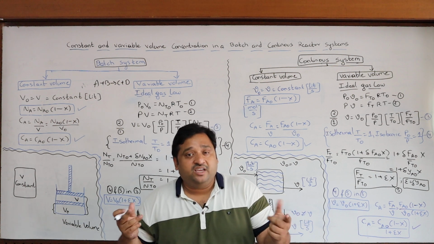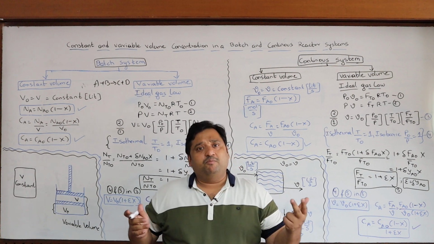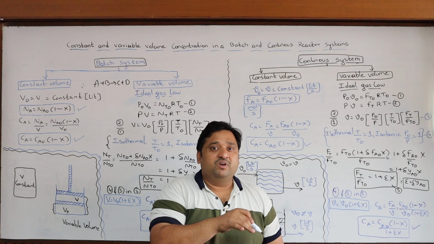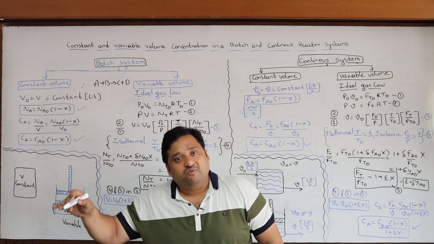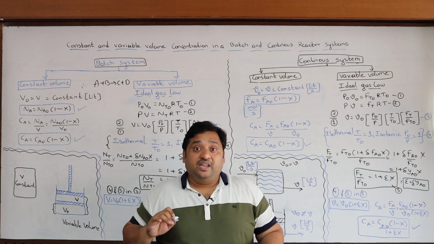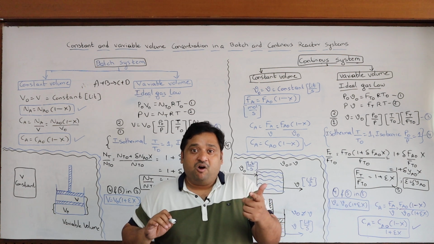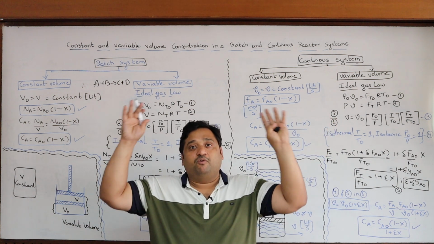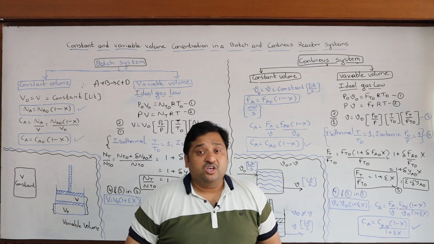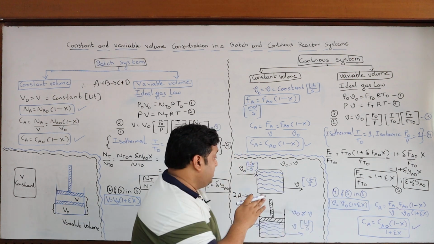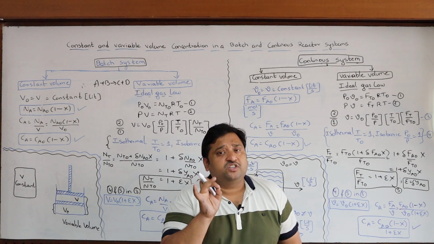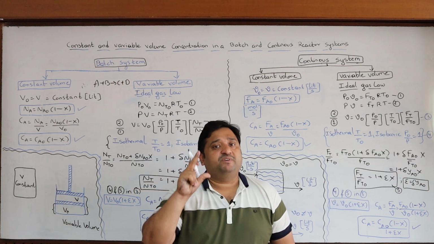Because moles are changing, volume will change, because at STP conditions 1 mole of any gas occupies 22.4 liters. If suddenly 2 moles of gas come out, the volume is now around 44 liters. That is why these volume changes are very, very important for gas phase systems.